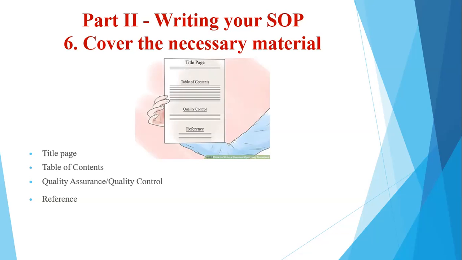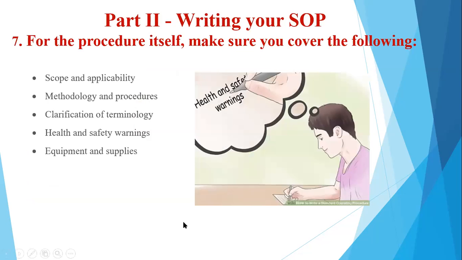Then the next step is, for the procedure itself, make sure that you are going to cover all of these mentioned below. First is, what is the scope of your SOP? Okay, what are the areas to which it applies, and the applicability.